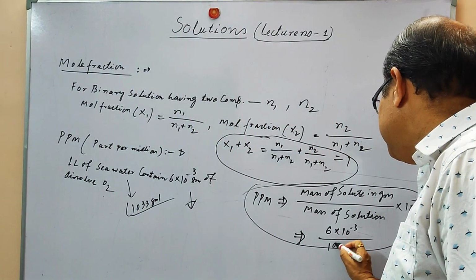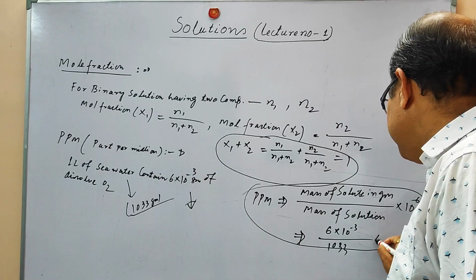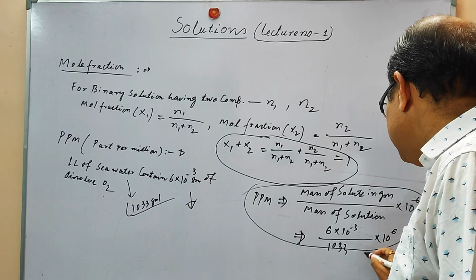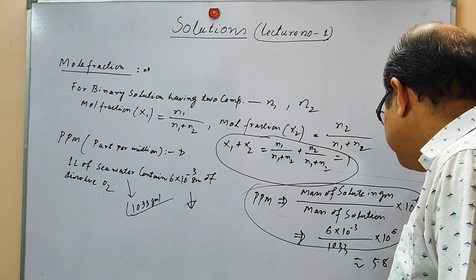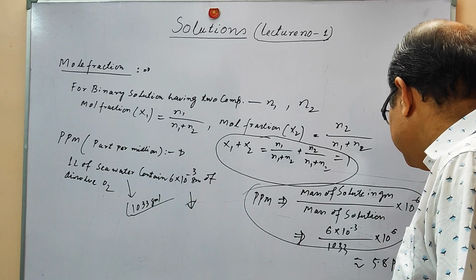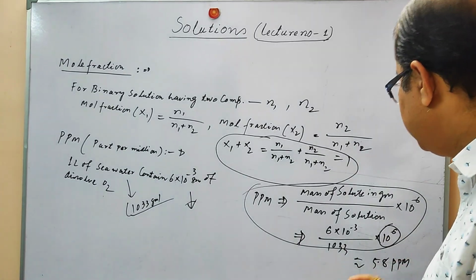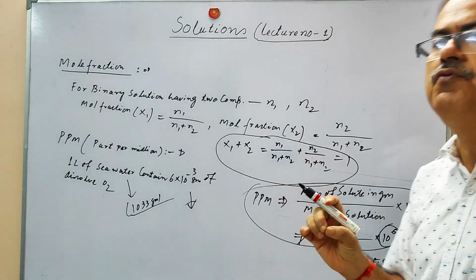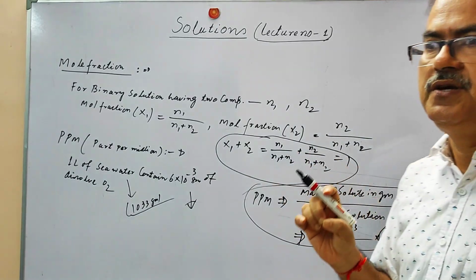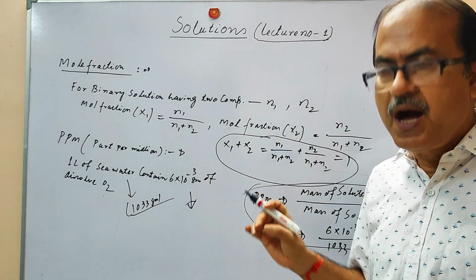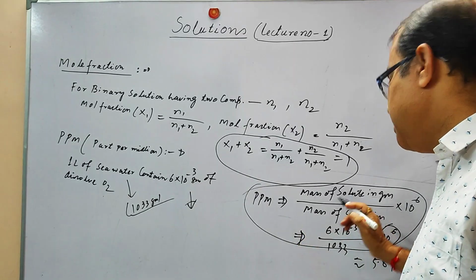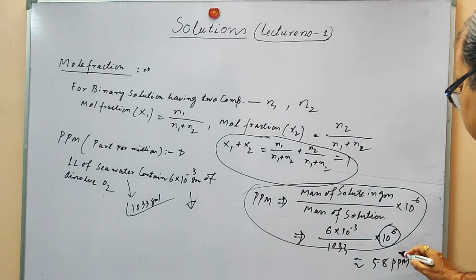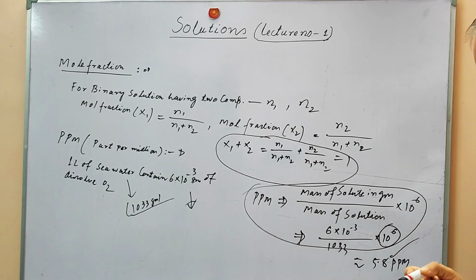So it will be 6 into 10 to the minus 3 divided by 1033 gram, into 10 to the power 6. It comes to around 5.8 ppm. This term uses a million parts by weight: 1 million gram of this solution will have this amount.